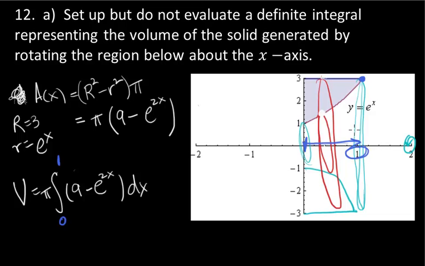And just as I was going to go on to the new slide, I looked up here and I thought, hey, that's not x equals 1, because y equals e to the 1 is e, not 3. So in order to find the x-coordinate of that point, I have to solve e to the x equals 3. So x is equal to the natural log of 3. This upper limit is natural log 3, not 1.